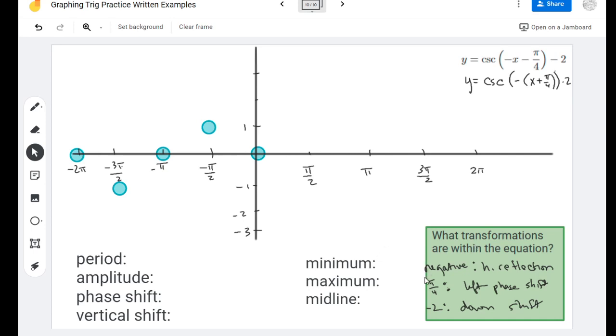Now what I need to do is go to the left by pi over 4 units. But we don't have our bar broken into fourths, right? It's just broken into pi over 2s. So I need to go in and add tick marks so that I can scoot all of these over to the left by an additional pi over 4.